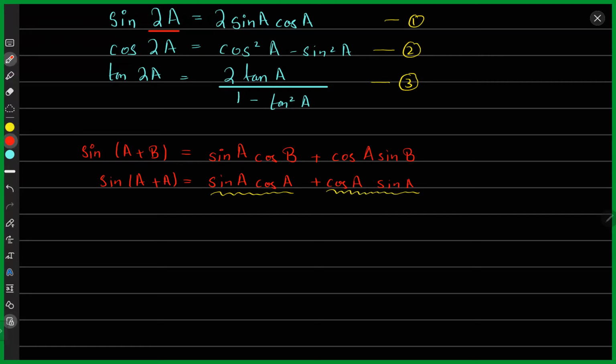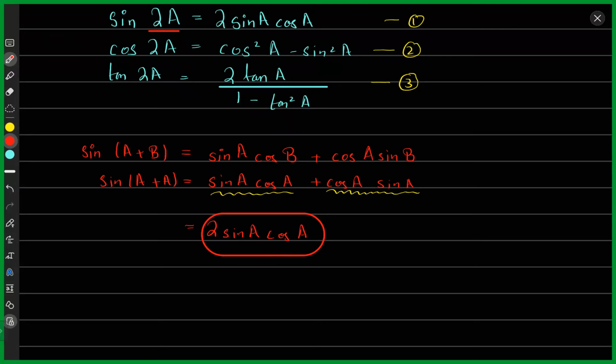So I can write it as 2 sine a cos a. This is going to be the idea about it. Okay. All right. So yes, this is the first thing.